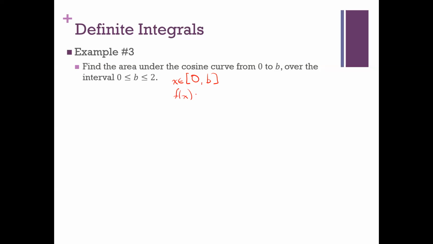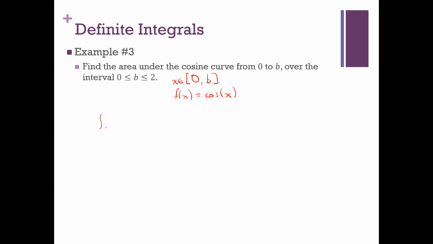Need another function. What is it? F of x equals cosine of x. Anything else we need to look at? Or can we set up this integral now? So we have the interval, so I can use that.